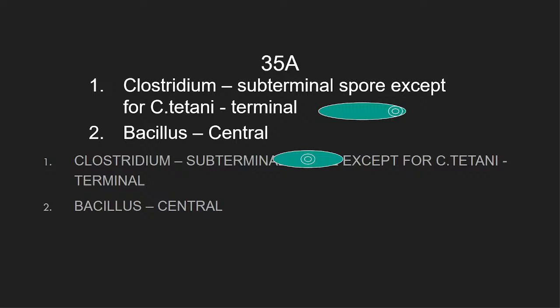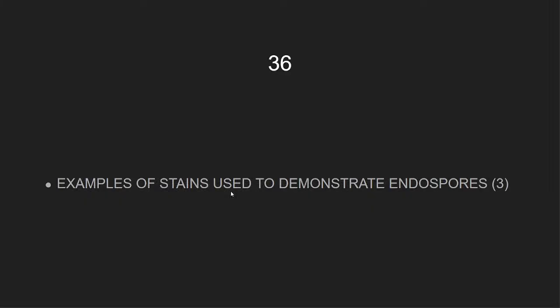Bacillus, on the other hand, all of the species that we're going to talk about have a centrally located spore, as depicted in that drawing. Ang pangit yung drawing, pero you get the idea. Okay? Alright, ang pangit yung drawing, no, Patrick?